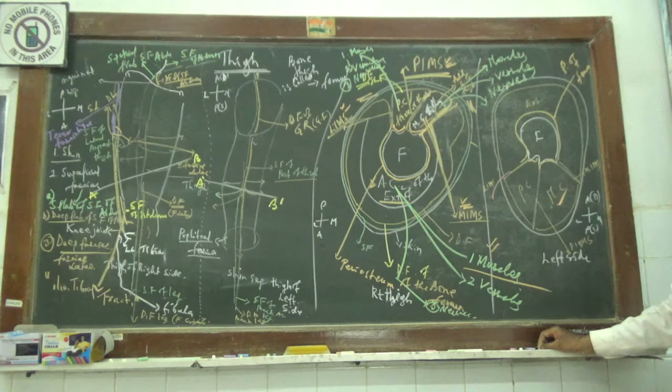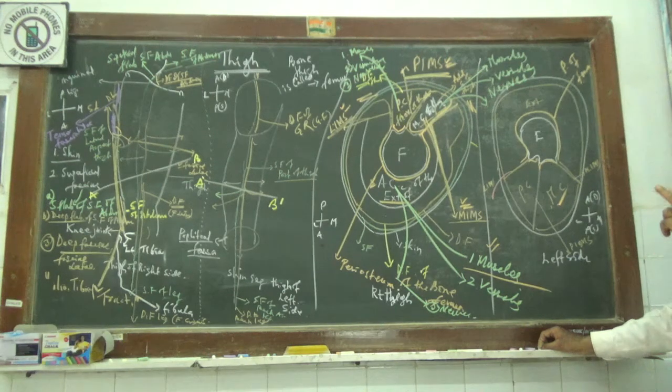But you have to make sure when dealing with the deep fascia: deep fascia of the thigh from above is continuing from the deep flap of the superficial fascia of the abdomen. Superficial fascia of the thigh from above is continuing from the superficial flap of the superficial fascia of the abdomen. So deep and superficial fascia of the thigh are from above by only one.